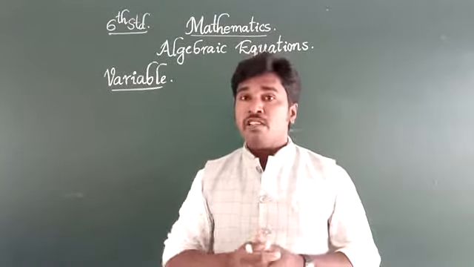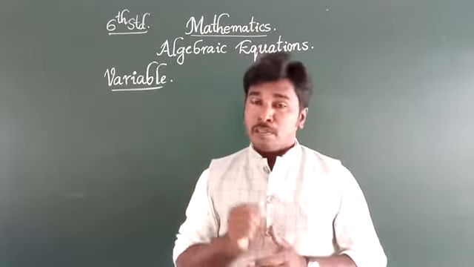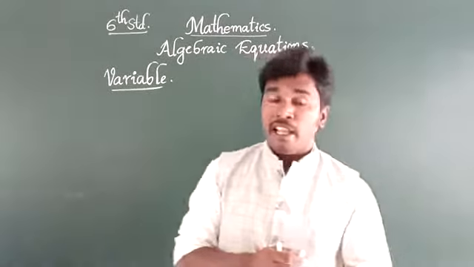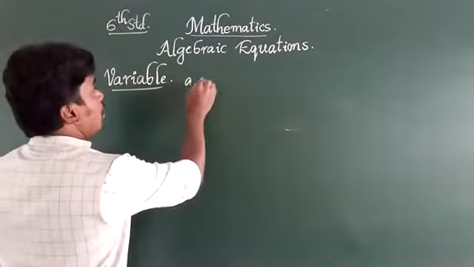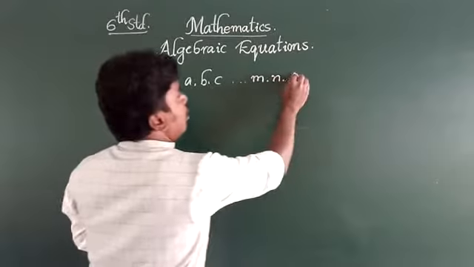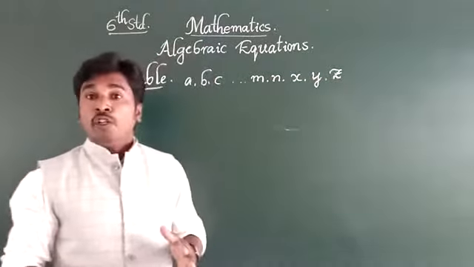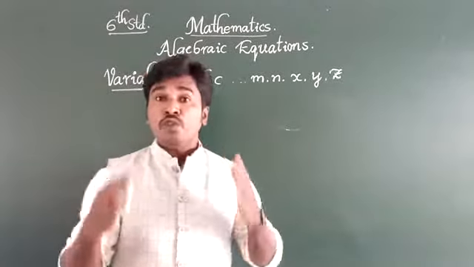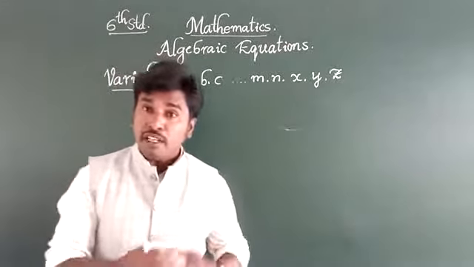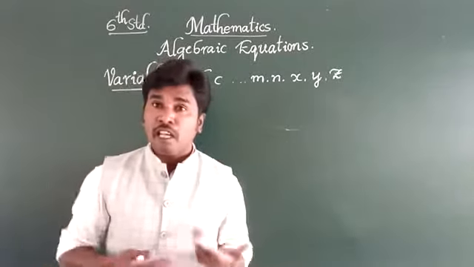That can be expressed in maths by using English alphabets, especially the small letters like a, b, c, and so on, m, n, x, y, z. These are the notations or symbols we use for representing variables. Variables are nothing but continuously changing.